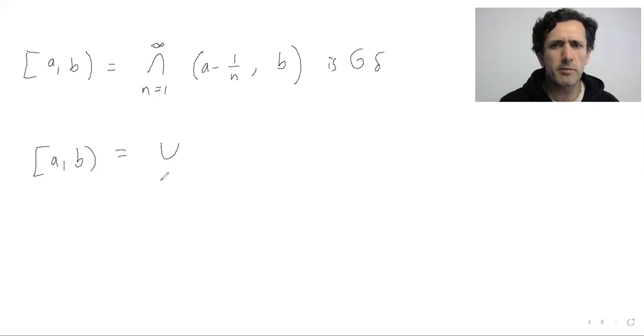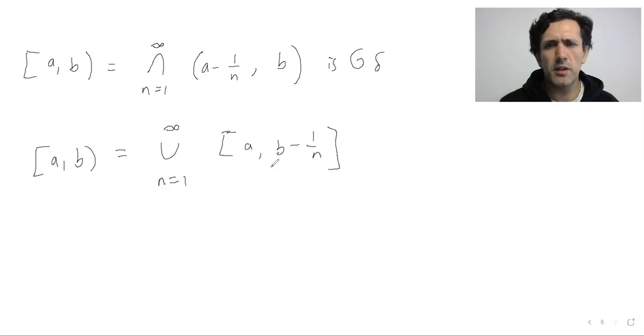And also the same set is F sigma. You can very easily write this as the following countable union of closed sets. Here I'm assuming A is less than B. And in this union, if A is not less than or equal to B minus 1 over n, then by definition, this is just going to be the empty set.